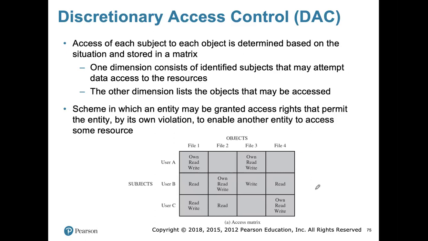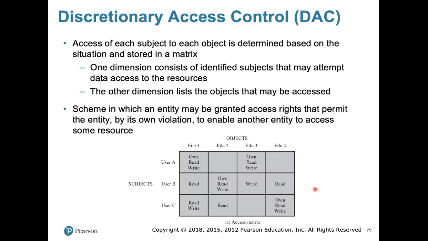We have multiple resources or objects. Let's say file number 1, number 2, number 3, and number 4. These are the resources that we have in our system. And we have 3 users, which are our subjects.